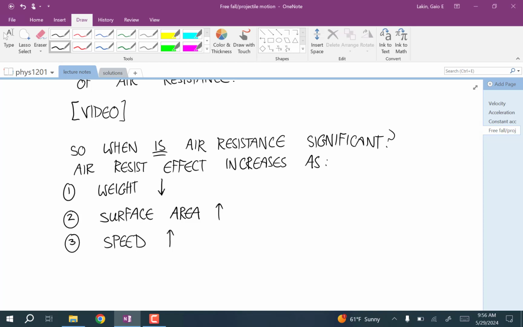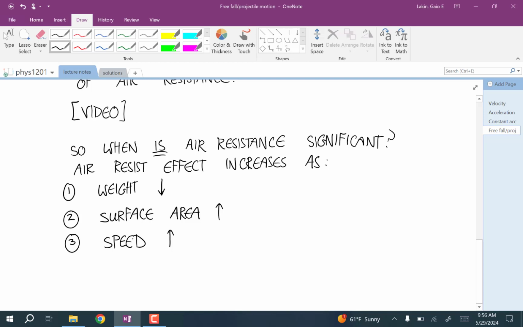As the speed increases, there's a very big increase in the force that air resistance applies to things. Let's think of animals that move at different speeds.